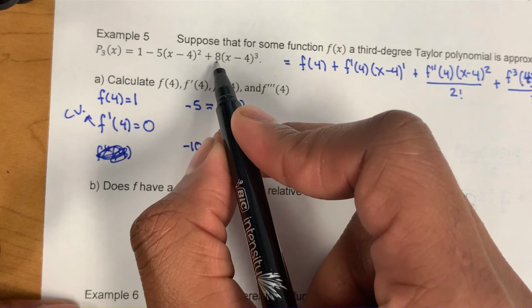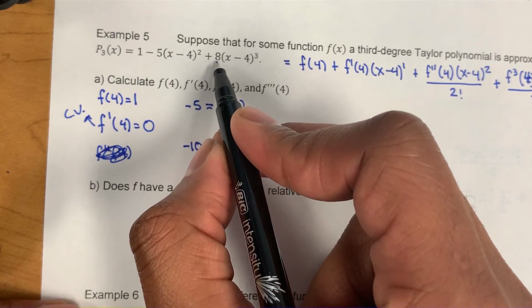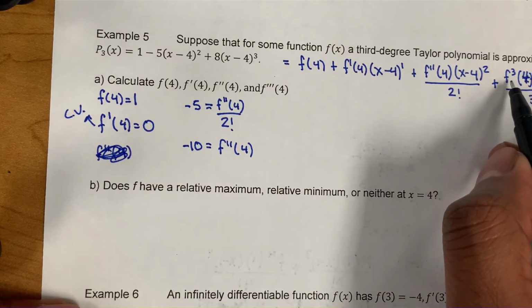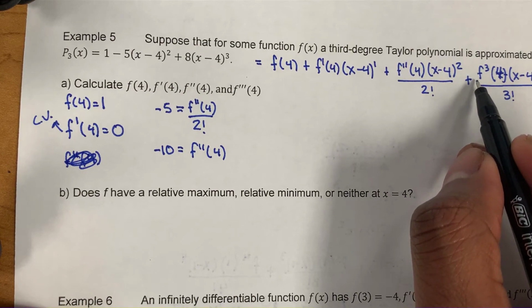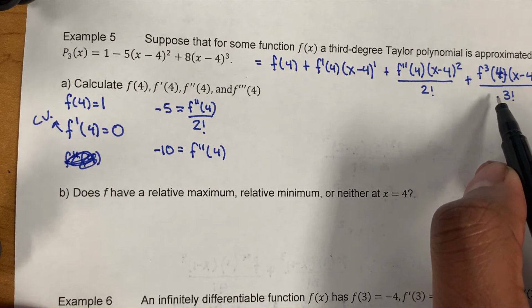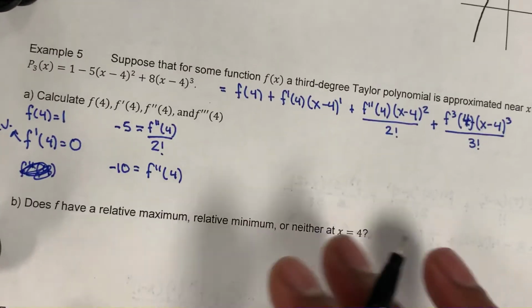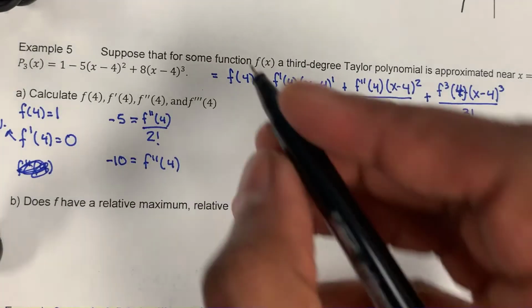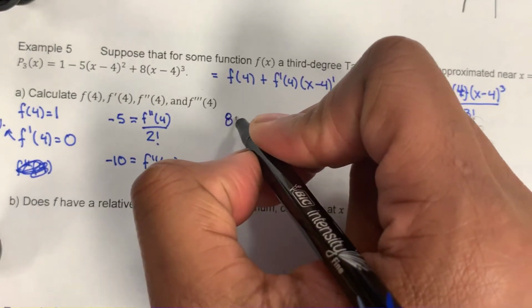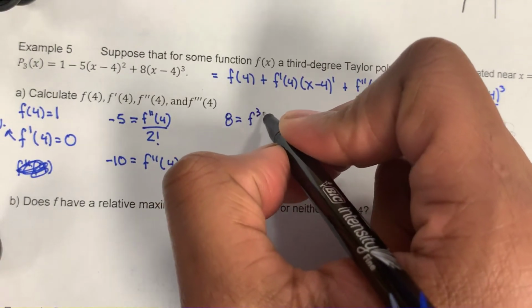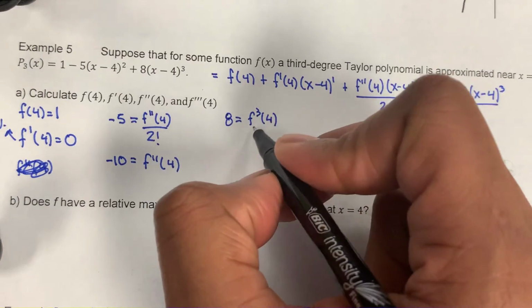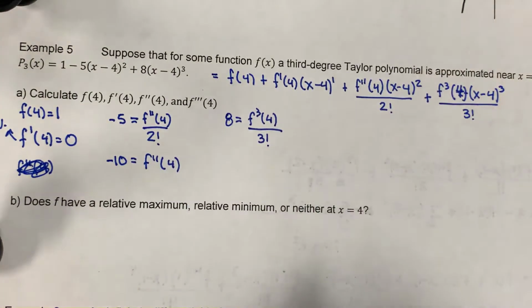Likewise, the coefficient for the third degree term is 8, and that should equal the third derivative evaluated at 4 divided by 3 factorial. So we're going to get 8 equals the third derivative evaluated at 4 over 3 factorial.